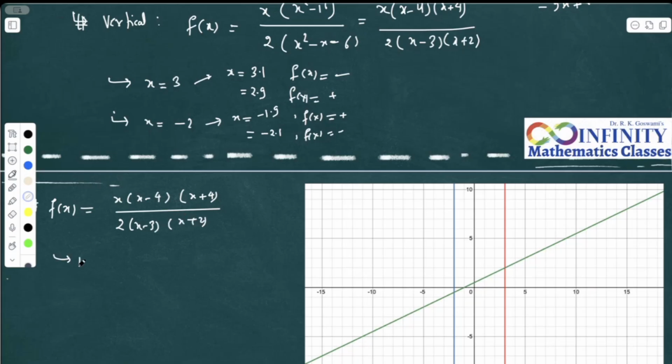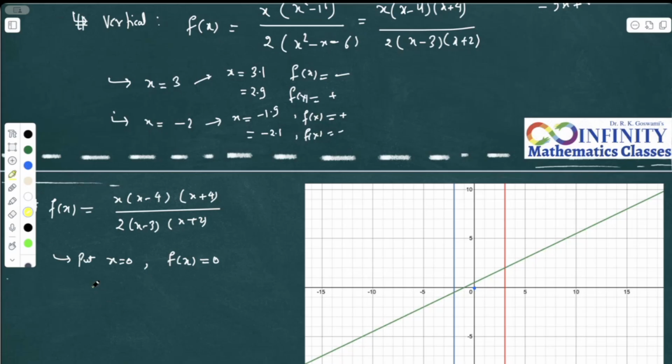Tell me, if I put x equals 0, what is the value of the function? That would be undefined. Oh, no, it would be 0 because the numerator would be 0. So that means the graph is passing through this point, 0 there. Am I right?